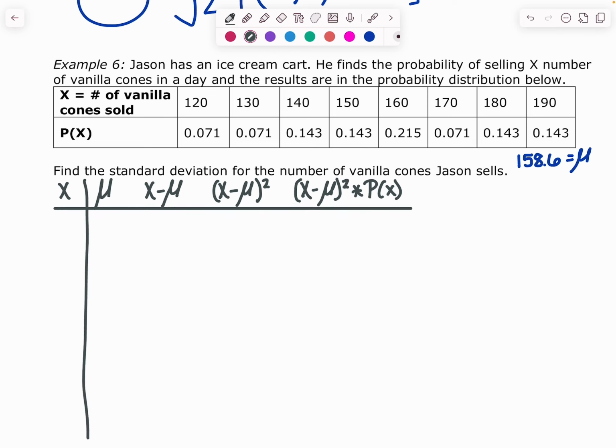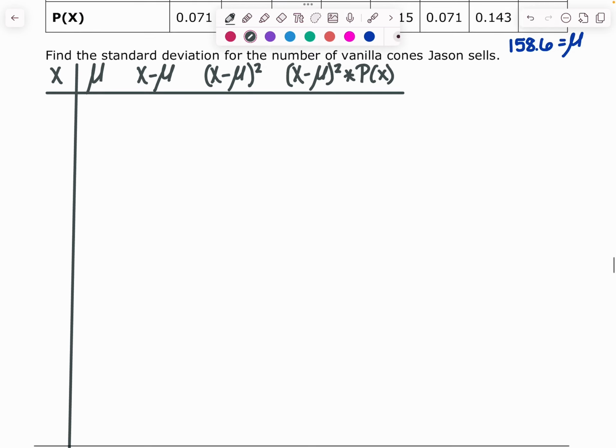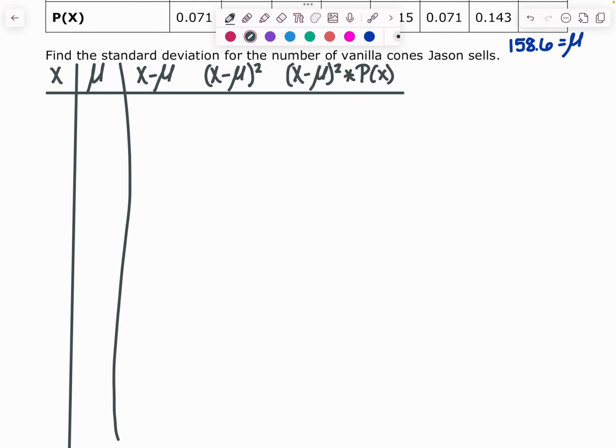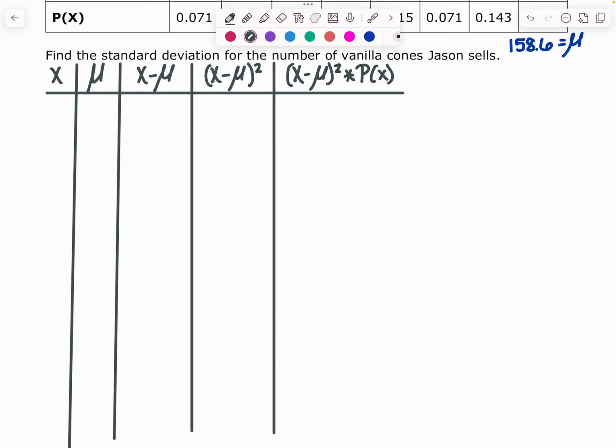This looks like the best way for me to do this, is in a table, and I wish I didn't have such a large data set, but that's okay. We will make it work. If you don't want to do a table, that's totally fine. Do what works best for you.